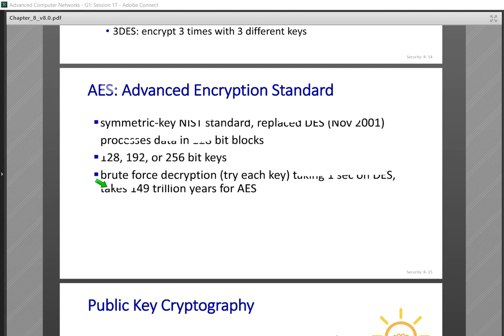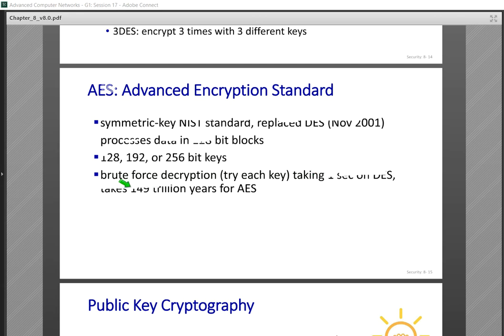With similar specifications in our computing platforms, we should spend 149 trillion years to decrypt AES encrypted messages. It's very good. This is strong, but we know that this strong algorithm can be replaced very easily. They can be broken easily.